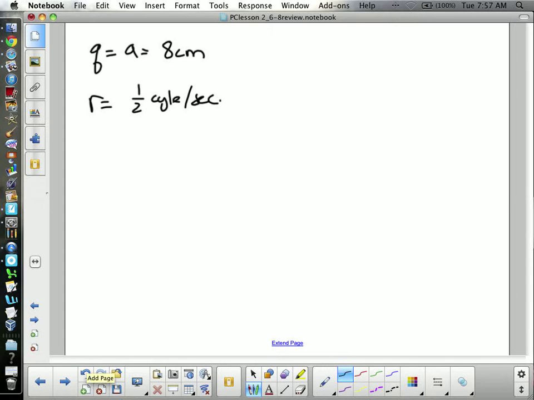per second. But that's not period, that's frequency. That's a reciprocal of period. I want to know how many seconds per cycle. That's period, so I do the reciprocal. That's 2 seconds for 1 cycle, so my period is 2 seconds.